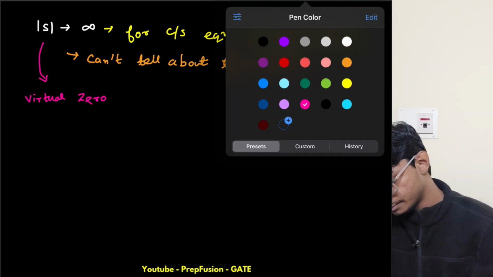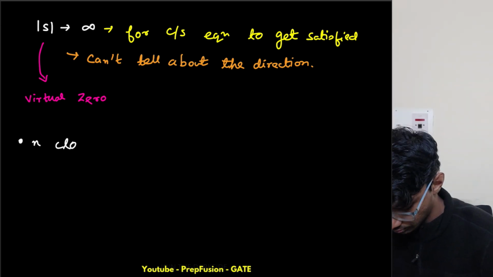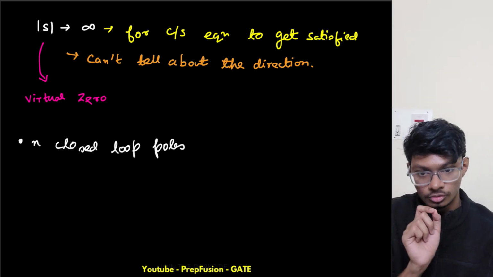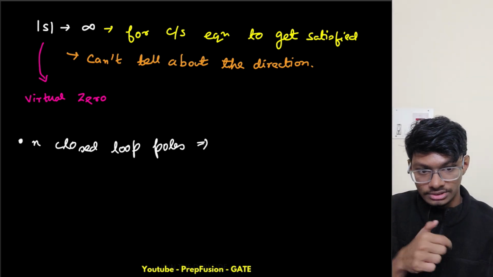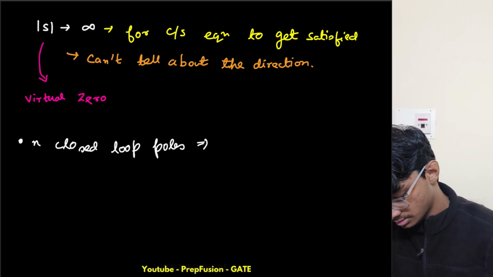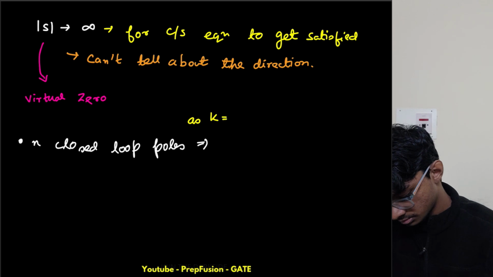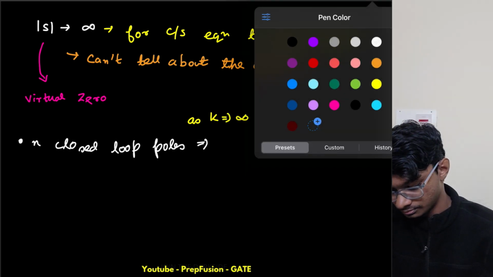So if I have n closed loop poles, right? If I have n closed loop poles, then out of those n closed loop poles, as k tends to infinity, what will happen?